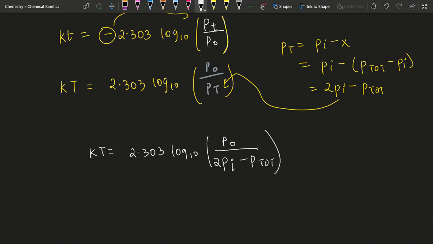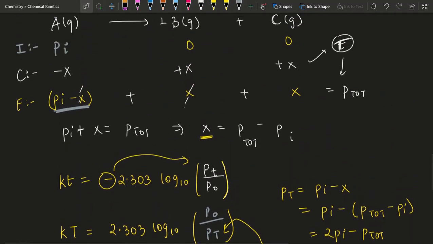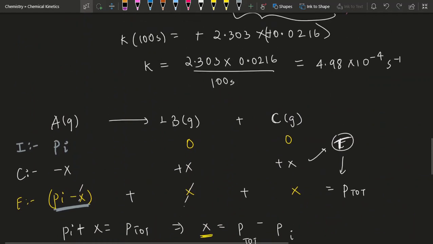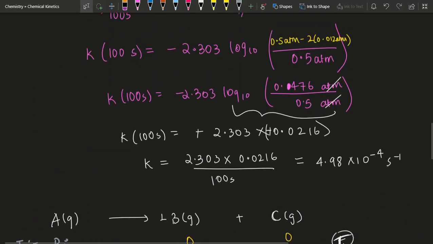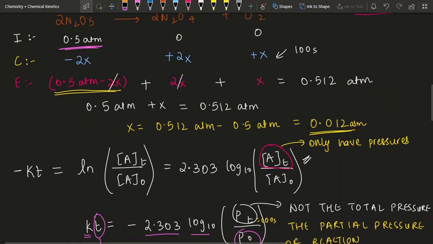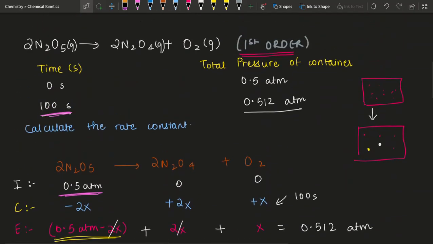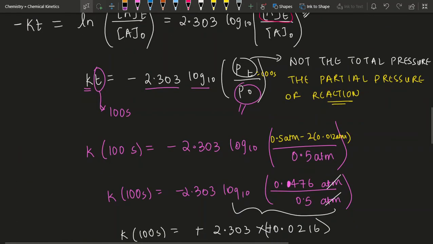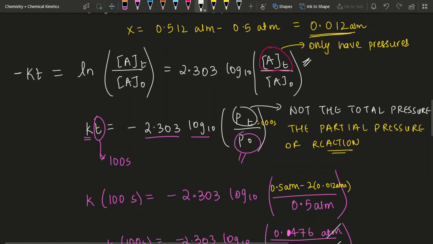So instead of P naught, you also write pi. There have been a bit of arithmetic and manipulation mistakes, but overall you get the idea. Now you're equipped with all the tools that you need to tackle reaction rate problems that involve pressures. The idea is just that instead of writing concentrations, you would write the partial pressure of the reactant.